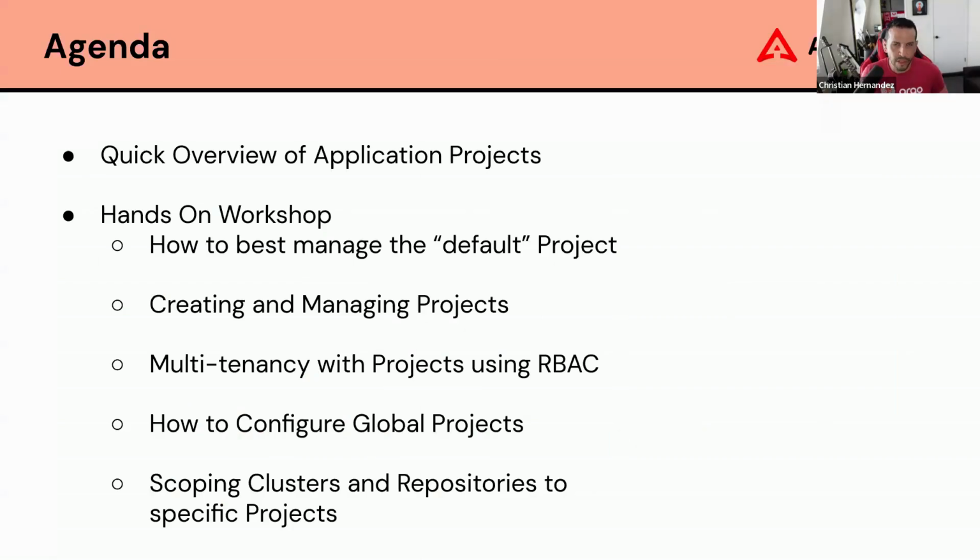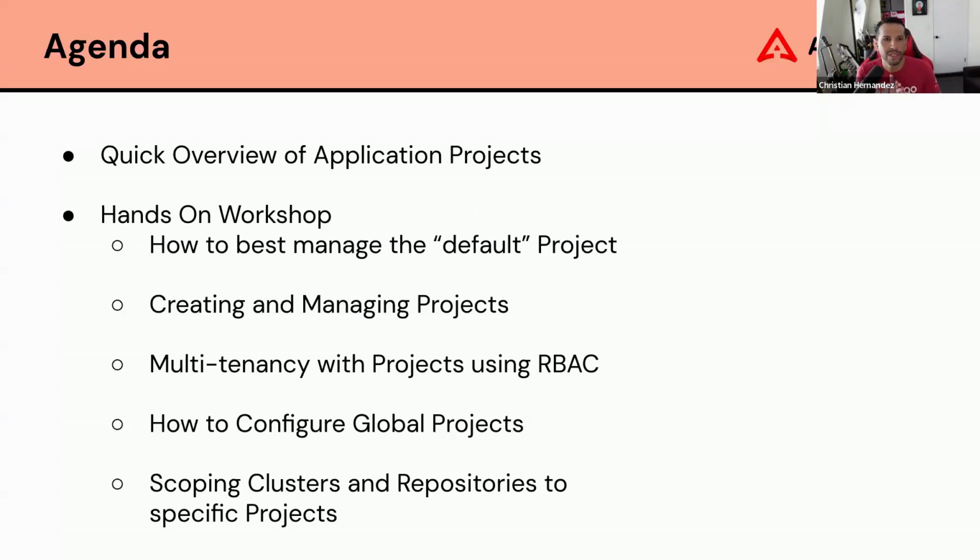So the agenda today. We're going to go over a quick overview of an application project, what an Argo CD App Project is, the philosophical reasoning for why we need an Argo project, how Argo CD actually works, and why we need the application project. And then we're going to get hands-on with the workshop, right?